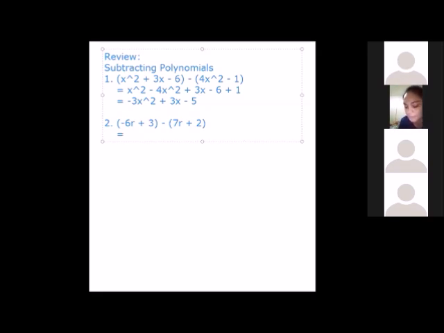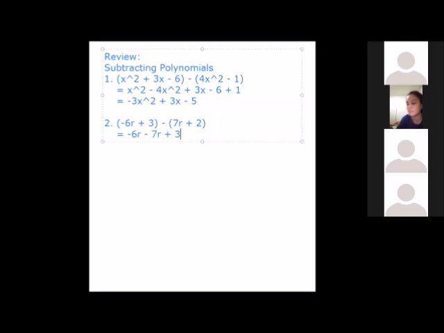Negative minus 7r. We need to get the additive inverse of the second polynomial. At the negative. Yeah. And negative 13r plus 1. That's my answer. Okay, thank you, Jude.